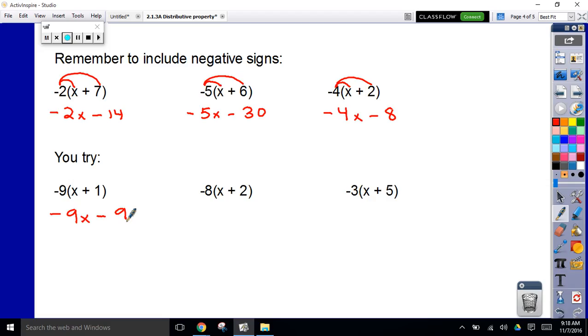Kaylin. Negative 8x. Negative 16. Good. And the last example, Nick. Negative 3x minus 15. Good. Okay, any questions about those?